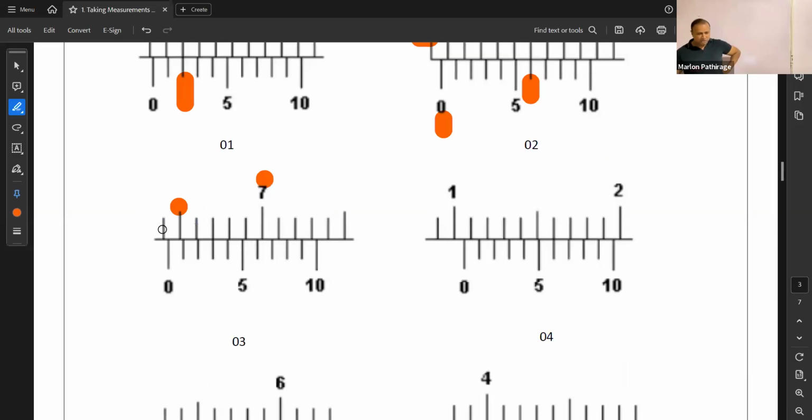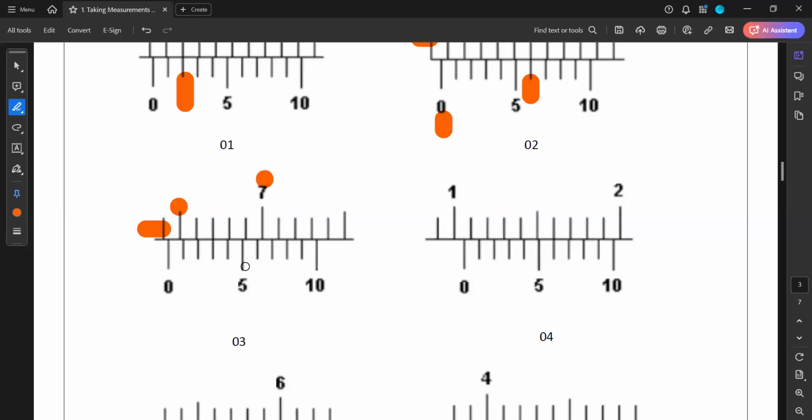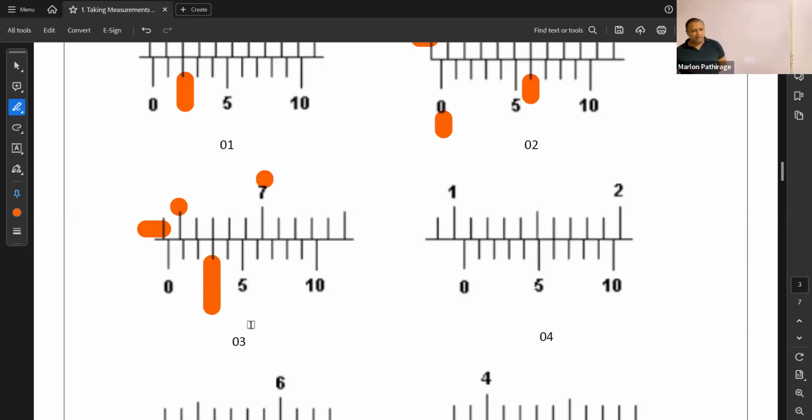This reading should be 64, so we can read up to 64 using the main scale. Then the overlapping point is this one, 3. Therefore, the reading is 64.3 millimeters.